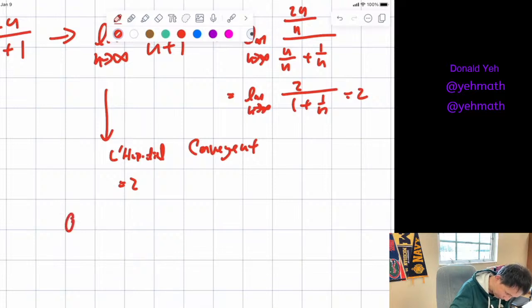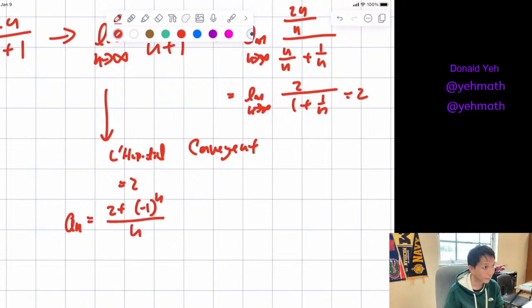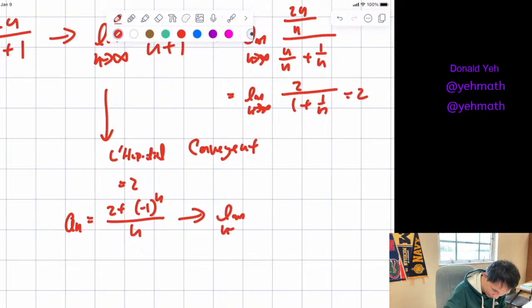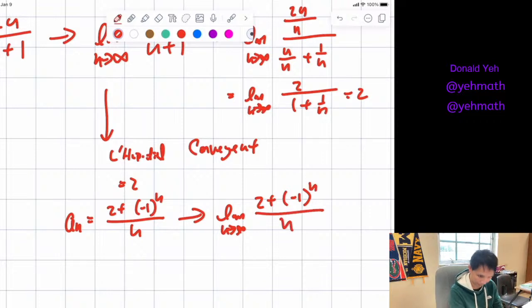How about this one? We want to know if they converge, so we must put a limit in front of it. What do you guys think? 2 plus negative 1 to the n power over n.